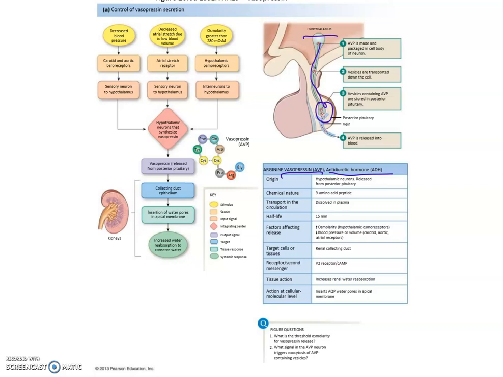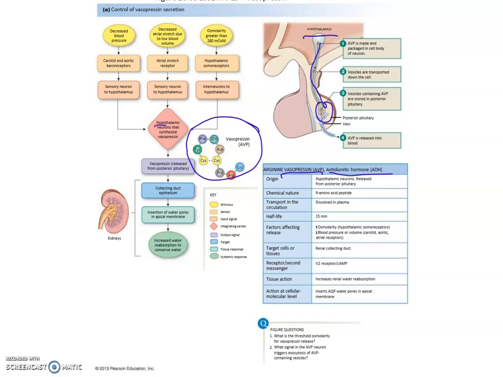It's a peptide hormone, and it has 9 amino acids, and it will be released in response to being dehydrated and having a high osmotic value in the blood. So you need to conserve water, and the steps, we just talked about that.